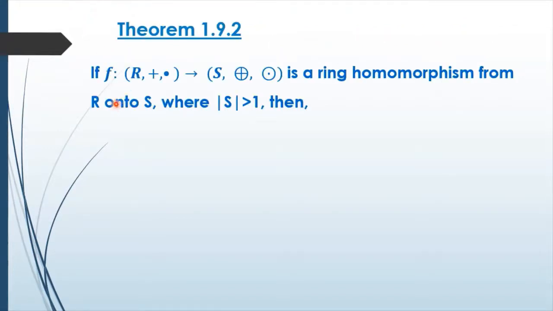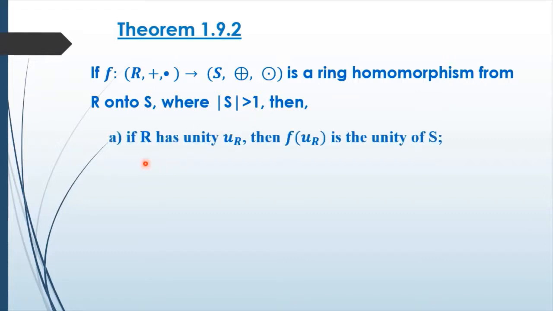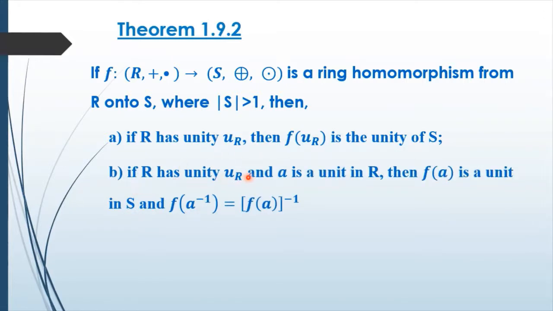If f from (R, plus, dot) to (S, plus, dot) is a ring homomorphism from R onto S, where modulus of S is greater than 1, then if R has a unity UR, then f of UR is the unity of S. If R has a unity UR and a is a unit in R, then f of a is a unit in S, and f of a inverse is equal to f of a whole inverse.